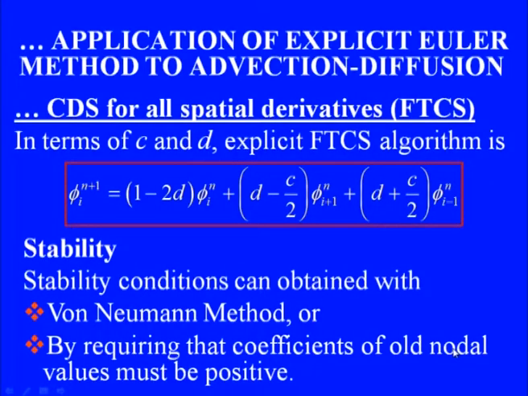Now we want to look at the stability of this method. This again can be obtained either by using von Neumann analysis which we have done earlier, or by requiring that the coefficients of all nodal values must be positive. Now let us try the second approach for deciding on the stability of this method. So our FTCS algorithm for the advection-diffusion problem.